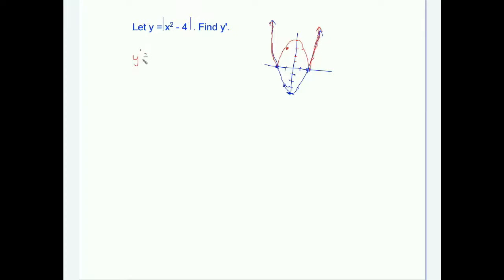So we can say the derivative of those is just going to be the derivative of x squared minus 4. So the derivative of those parts is just 2x. Well, where was that? That was when x was greater than 2, or when x was less than -2. So the derivative is just 2x.